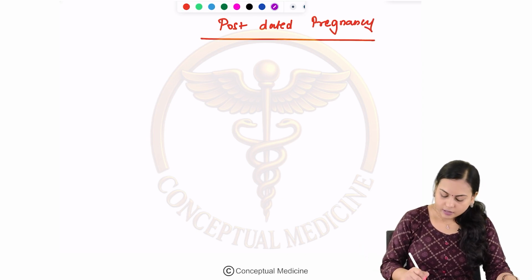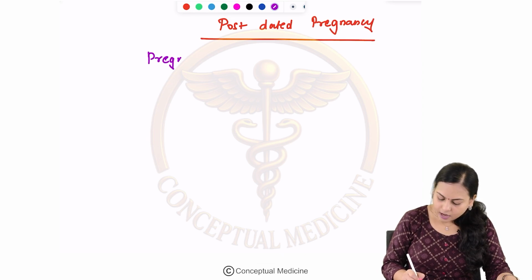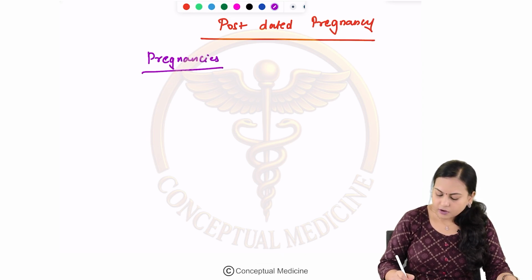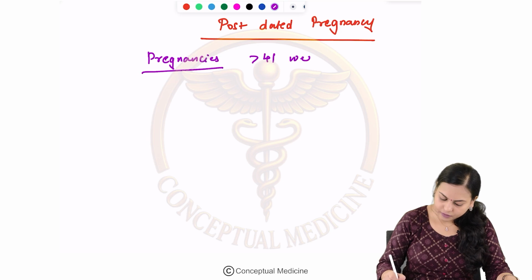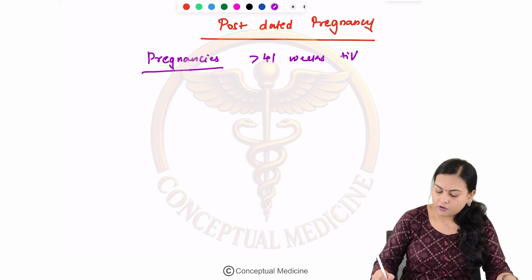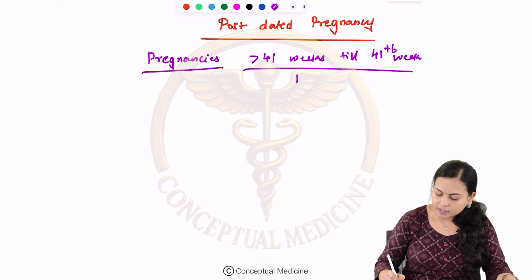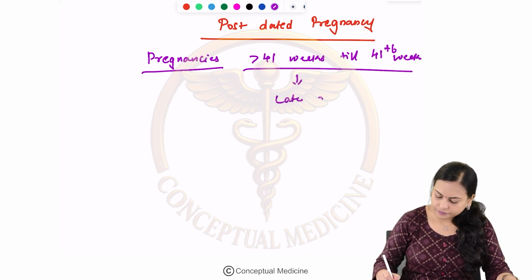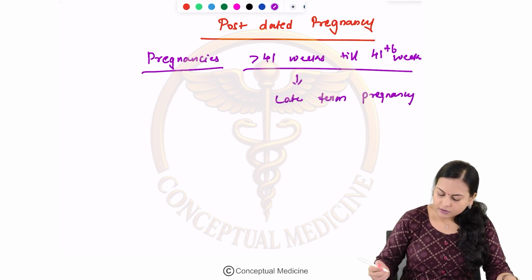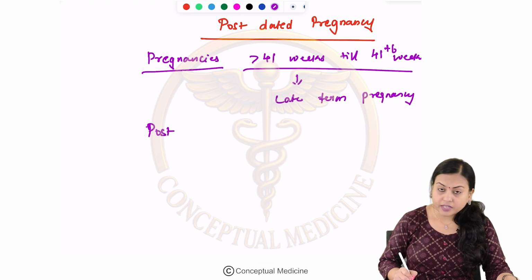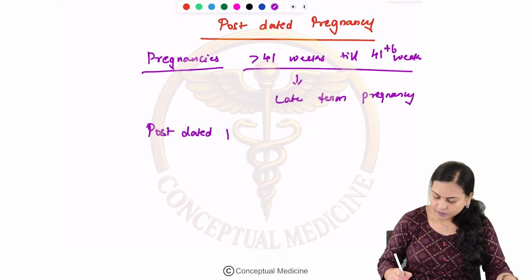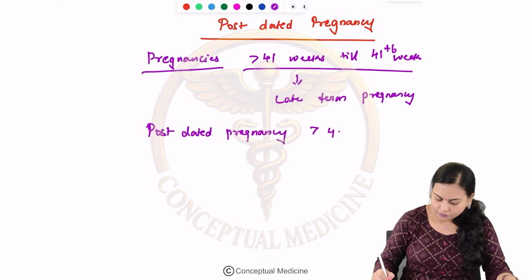Generally, pregnancy from 41 weeks till 41 plus 6 weeks is known as late term pregnancy. Postterm pregnancy is one which is more than 42 weeks.